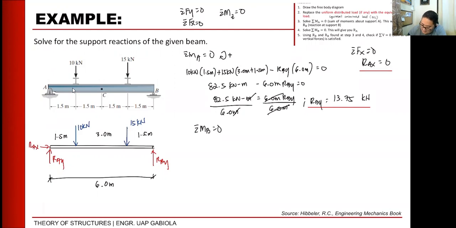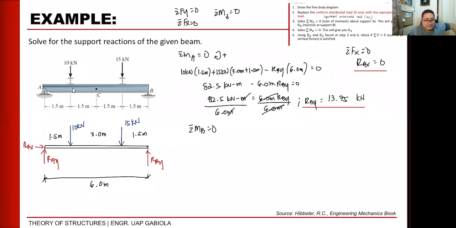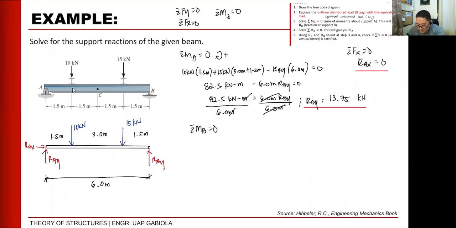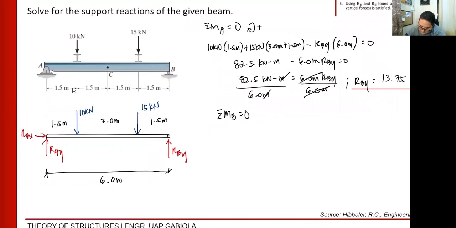Okay? So, as already mentioned here. So, now, we will take moment at B. So, what direction will I follow? Again, you can assume any direction. But I base mine on our loading. So, this is our loading. Going to B will be counterclockwise.